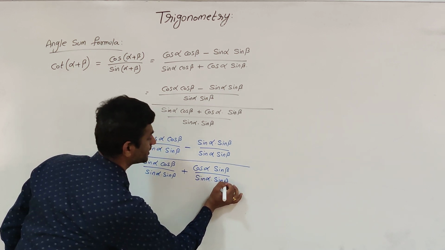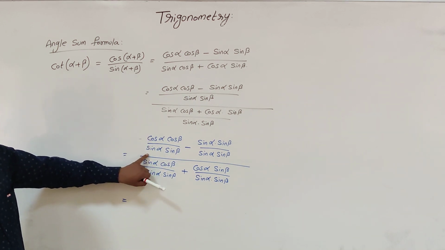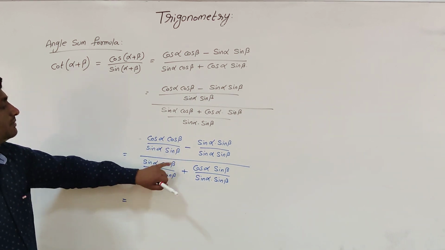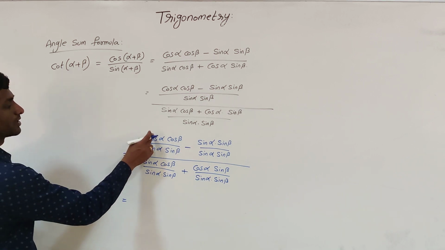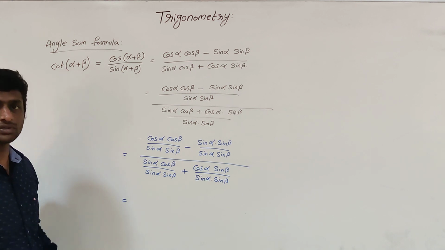If there are any cancellations, we can cancel them. In cos alpha by sin alpha into cos beta by sin beta there are no cancellations, but cos alpha by sin alpha will be cot alpha, and cos beta by sin beta becomes cot beta.